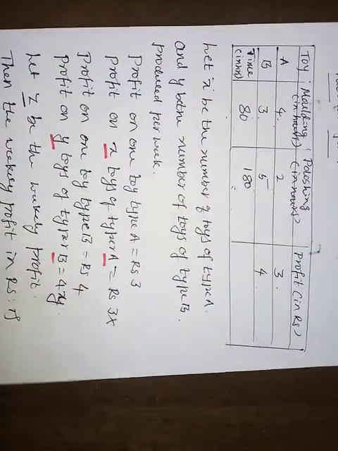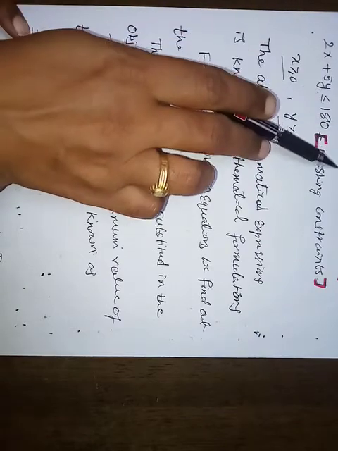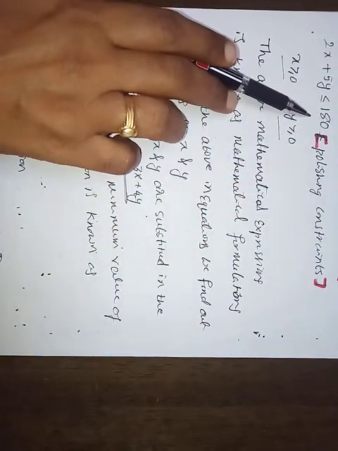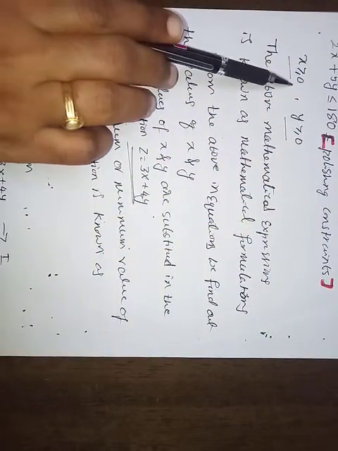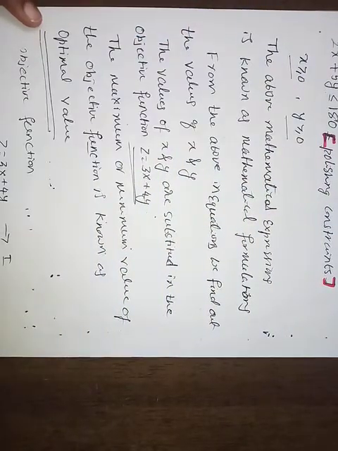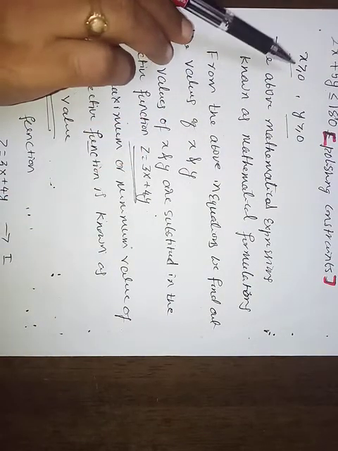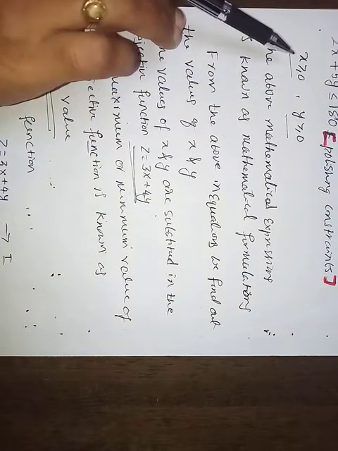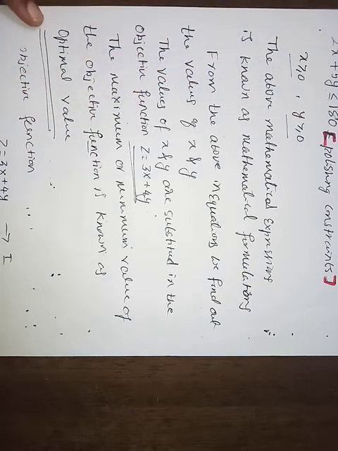That can be represented as: maximize Z equal to 3x plus 4y, subject to 4x plus 3y less than or equal to 80, the molding constraint, and 2x plus 5y less than or equal to 180, the polishing constraint. Here x greater than or equal to 0, y greater than or equal to 0, since x and y are the numbers of items produced. Remember that the numbers of toys produced are always non-negative, therefore we consider them greater than or equal to 0.